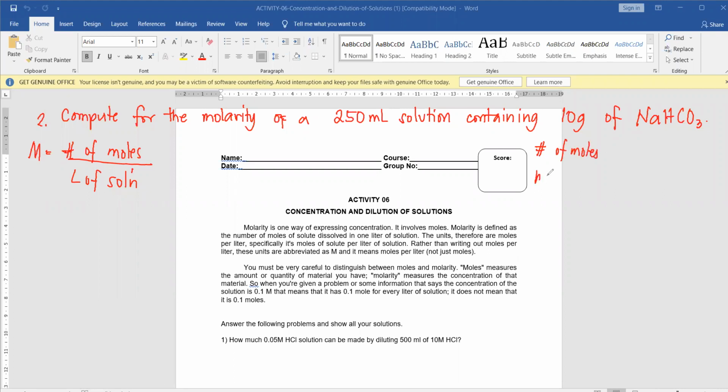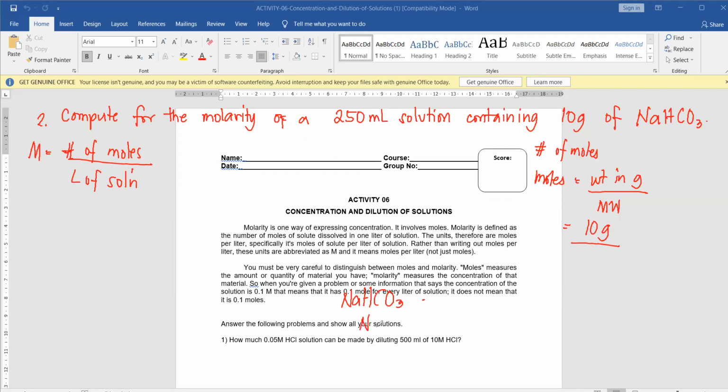Okay, so moles is equal to the weight in grams divided by the molecular weight. And then the weight in grams na given is syempre 10 grams. Now for the sodium bicarbonate, we have computed, right, the molecular weight for this a while ago nung pinasulat ko sa inyo lahat ng elements.